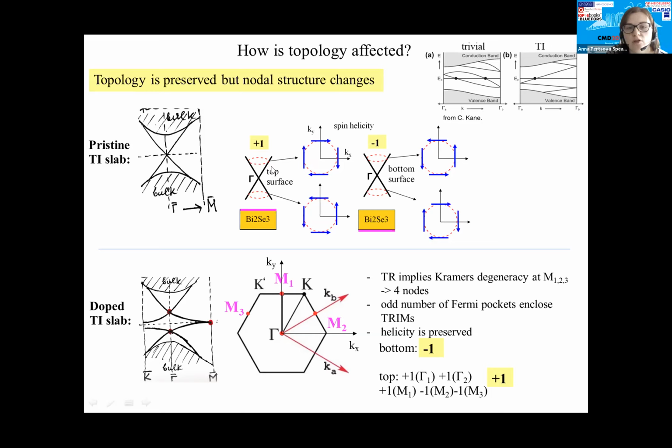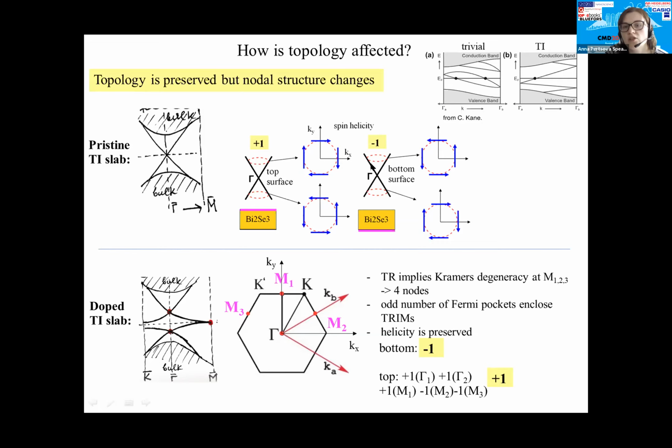So for example, for the top surface, the upper Dirac cone has a spin momentum lock in this direction, let's say clockwise. The lower Dirac cone has the spin momentum locking in the opposite direction, and we can assign helicity +1 to this situation.